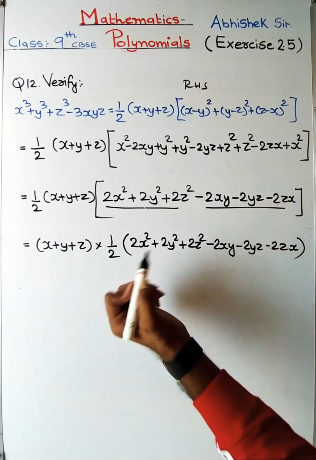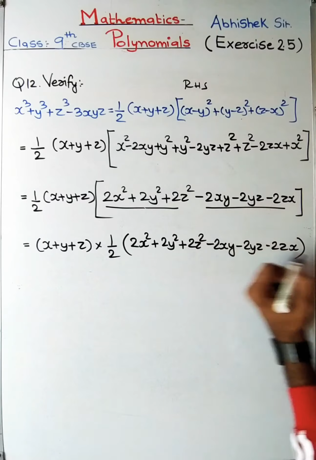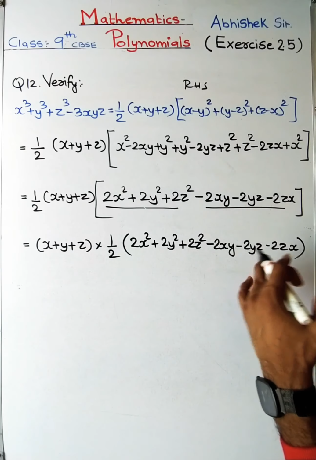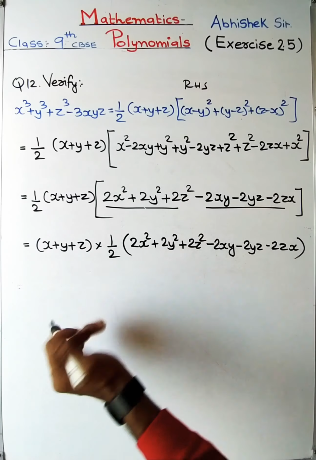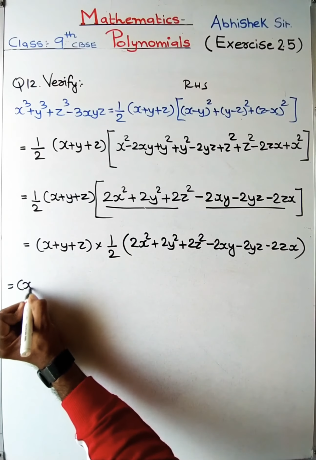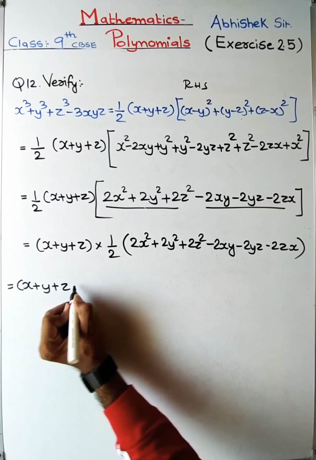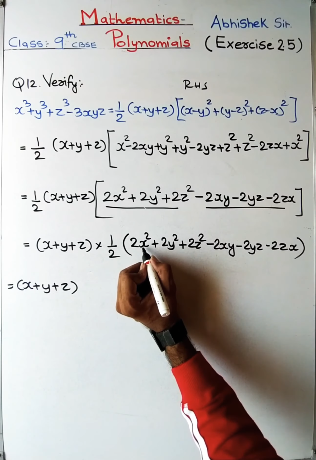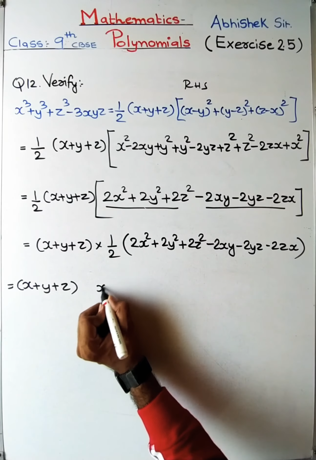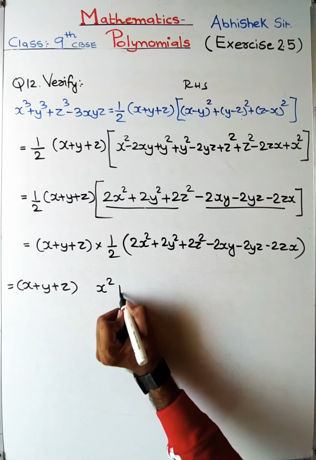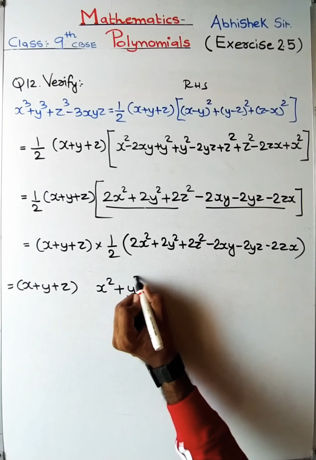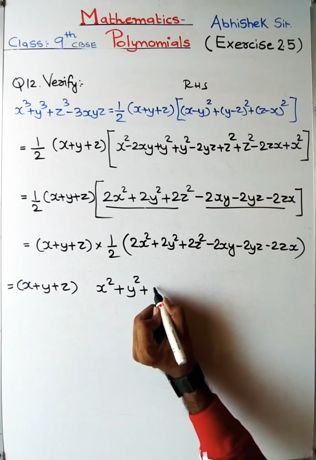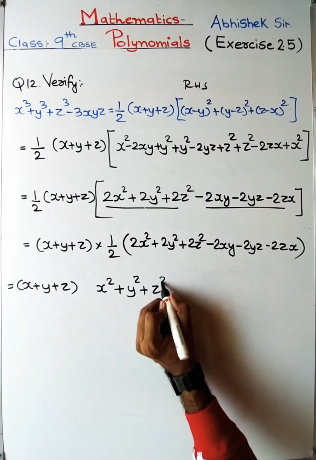So what I'll be doing, I'll be multiplying half with every 6 terms, making it open with multiplication of this number. So x plus y plus z, then we have half into 2x square, so it will be only x square. Half into 2y square, so it will be y square. Half into 2z square, so that will be only z square.